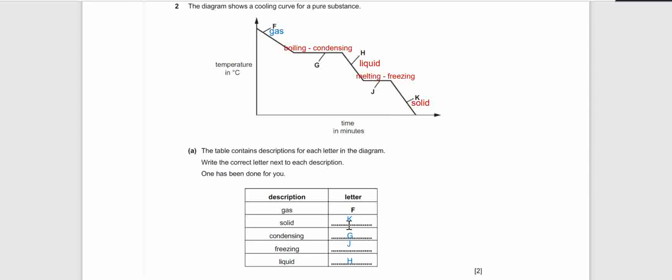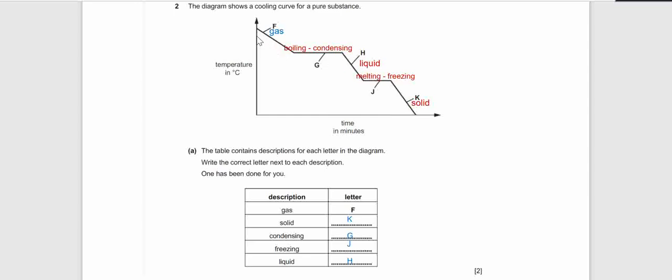So solid is K. Condensing is G. This is the process of condensing, where the gas condenses into liquid. Now freezing is J. Freezing, so where the liquid freezes into solid. And liquid is H here.